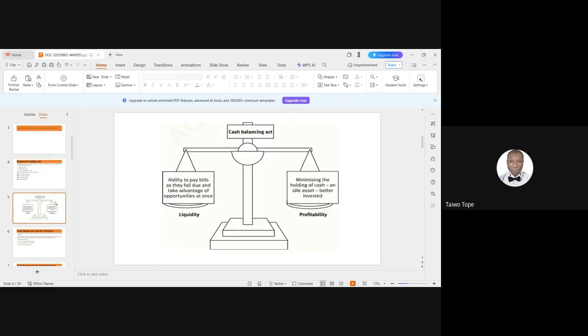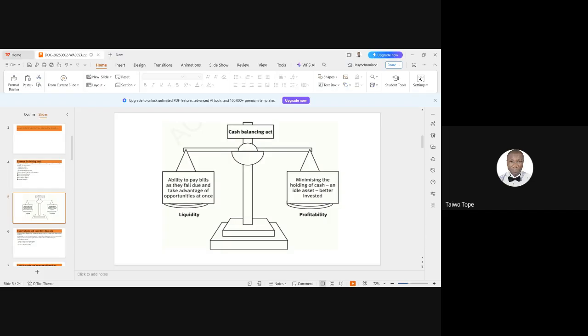If you look at this diagram on my slide, you can see that we have a battle between liquidity and profitability. What is the battle? The battle is how can we strike a balance between the amount of cash we should hold and the amount of cash we should put into profitable ventures that will bring about profitability.